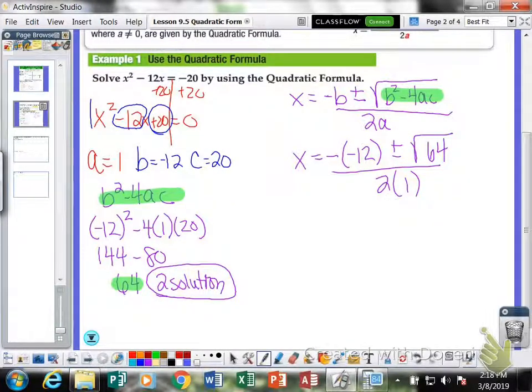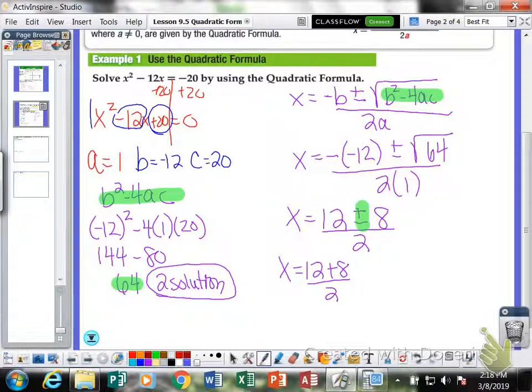So now I have x equals 12 plus or minus the square root of 64, which is 8, all over 2. And then I have 2 solutions here because of the plus minus. So then I break this apart. I say, okay, x equals 12 plus 8 divided by 2, and x equals 12 minus 8 divided by 2.